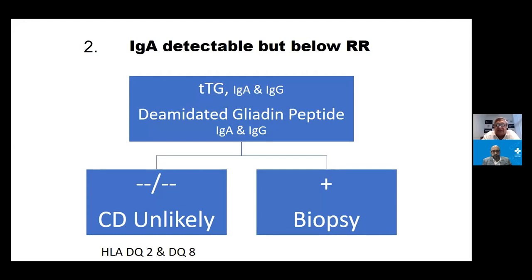If both are positive, then we can confirm by biopsy. If both are negative, then to add weight to the negative, HLA-DQ2 and HLA-DQ8 can be tested. And if both are negative, then we are confirmed that this condition is not celiac disease.